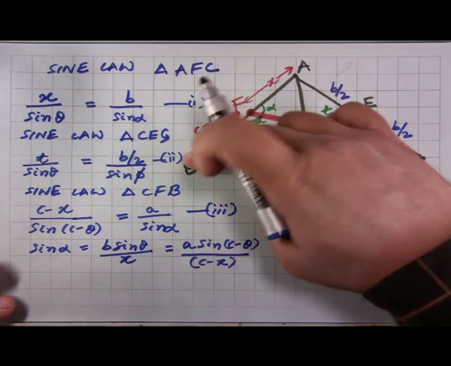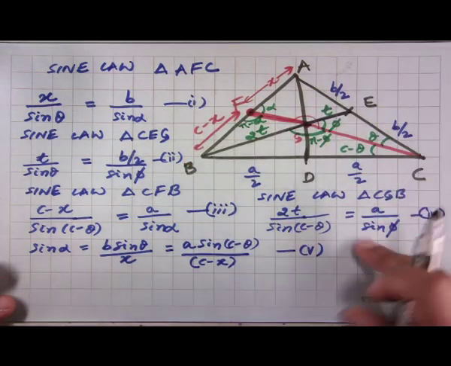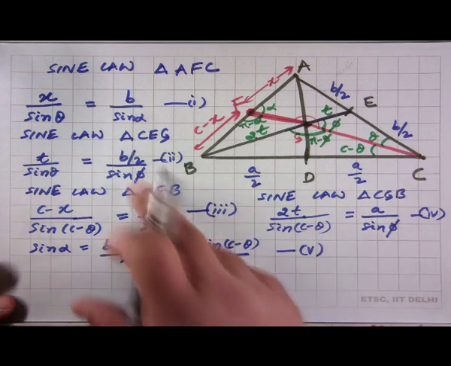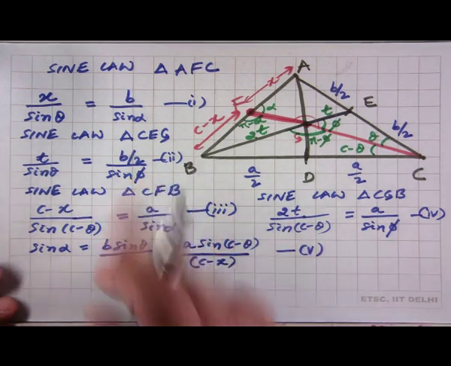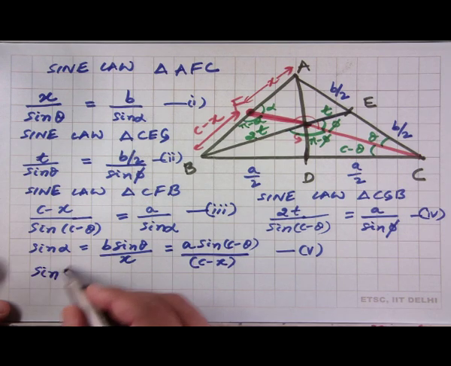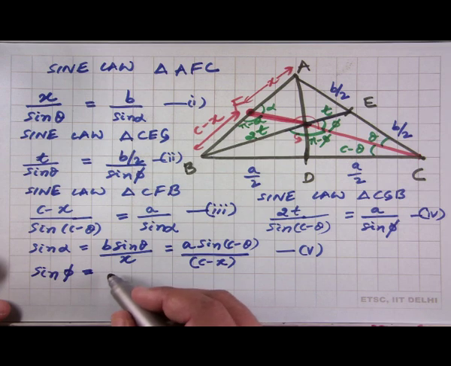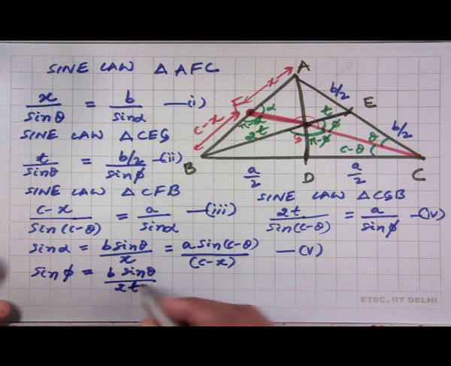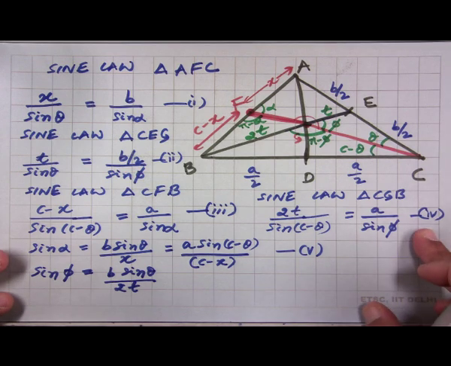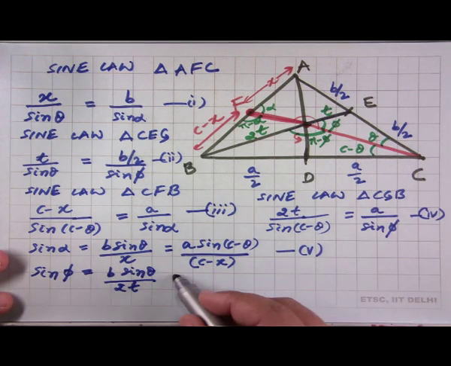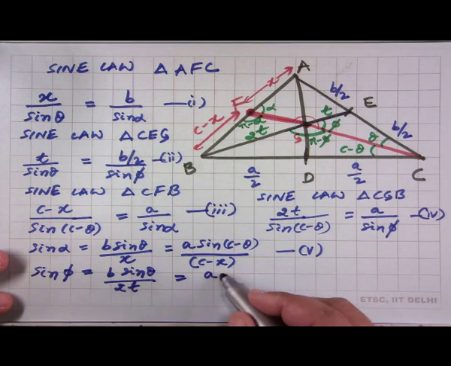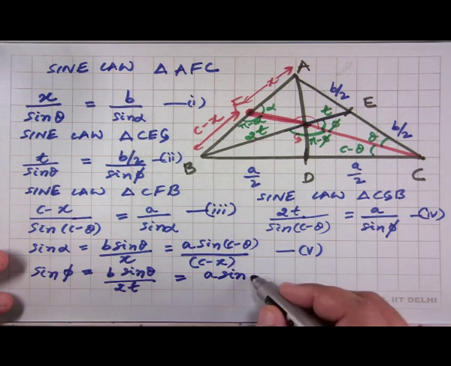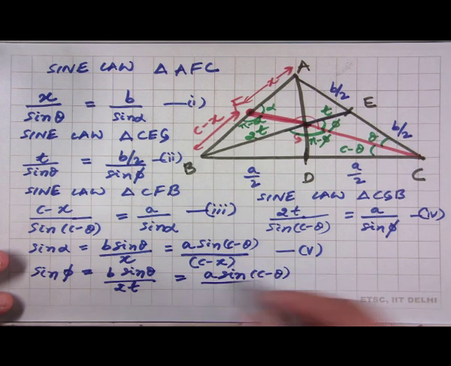Similarly, if we combine equation 2 and equation 4, we see that we have sine phi in both the equations. From equation 2 we get that sine of phi is equal to b into sine theta over 2t, and then from equation 4 we get sine phi to be equal to a into sine of c minus theta over 2t.